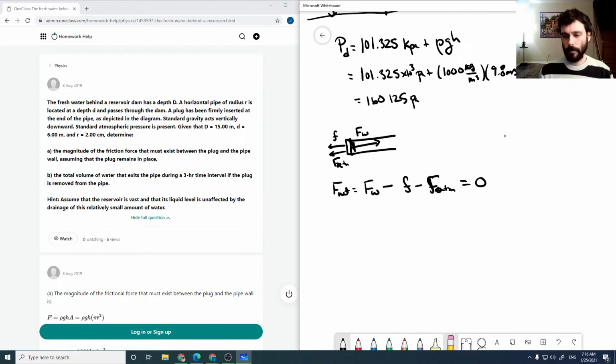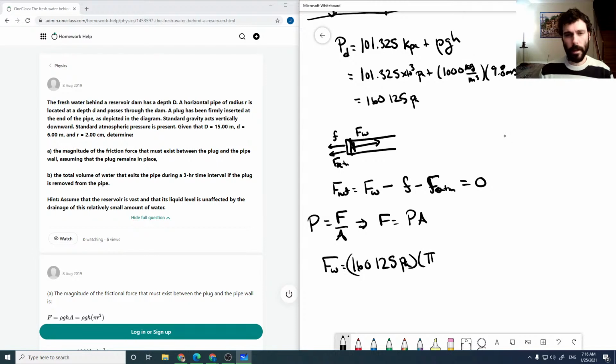Recall that pressure is force over area, so force is pressure times area. So our F water is 160.125 kilopascals times our area, which is pi r squared, and our atmospheric force is 101.325 kilopascals times our area, pi r squared.